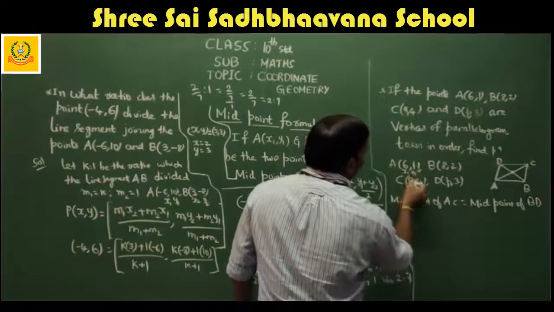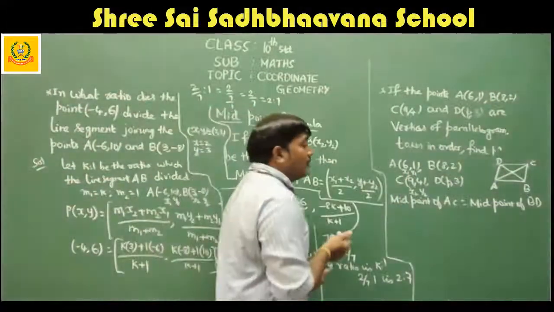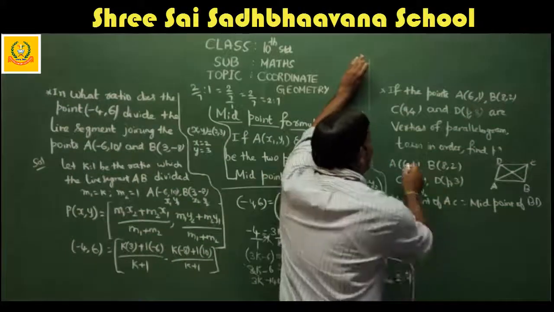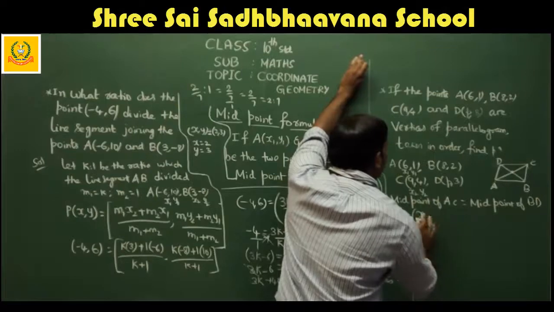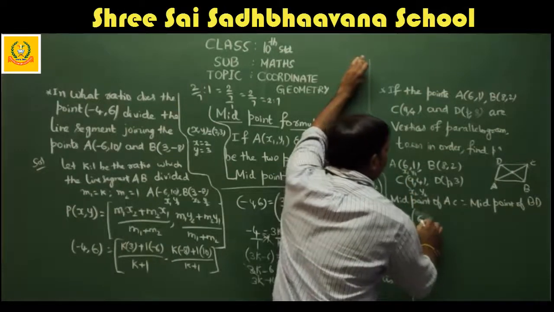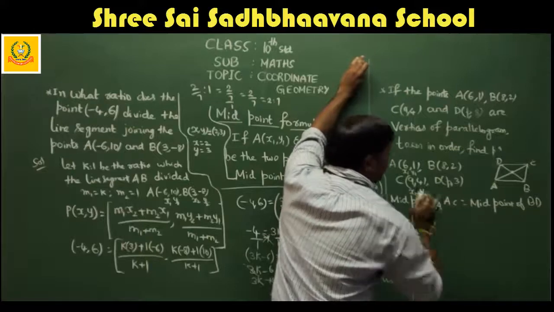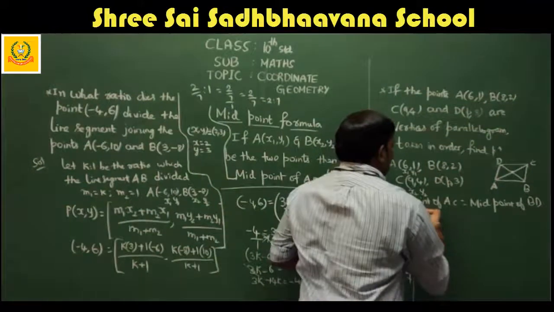So we are finding the midpoint. What is the midpoint formula? Last time I wrote it, you remember: (x1 plus x2) by 2, (y1 plus y2) by 2. I'm writing the formula once again, or you just remember it. x1 plus x2 is what? 6 plus 9 divided by 2. Got it? So it's the right formula.